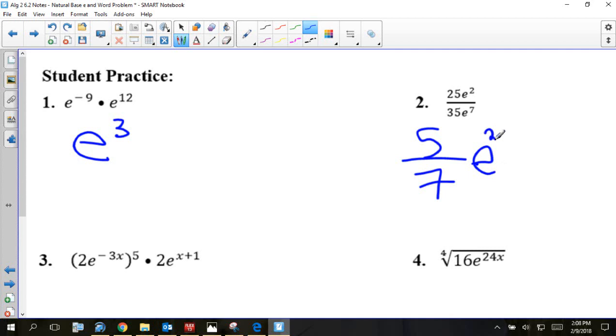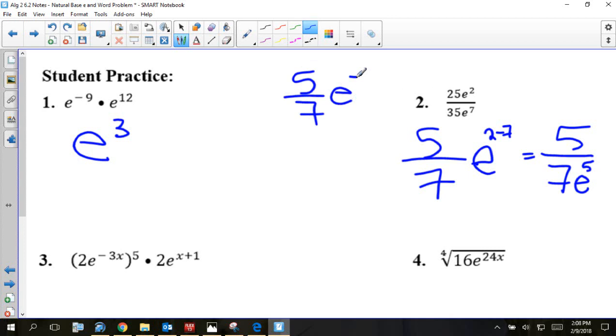Subtract the exponent, 2 minus 7. So you would either have 5 over 7 e to the fifth, or you could have 5 sevenths e to the negative 5. It just depends on what we were using it for. It's just simplifying. You might as well simplify to put the e on the bottom.